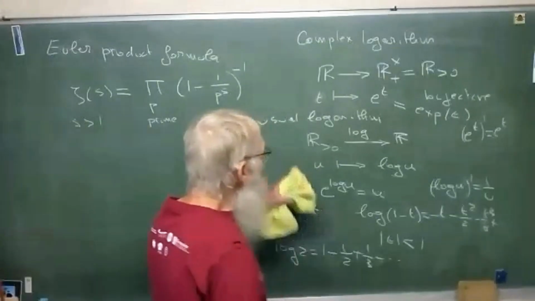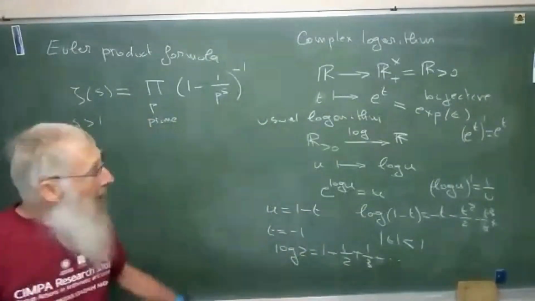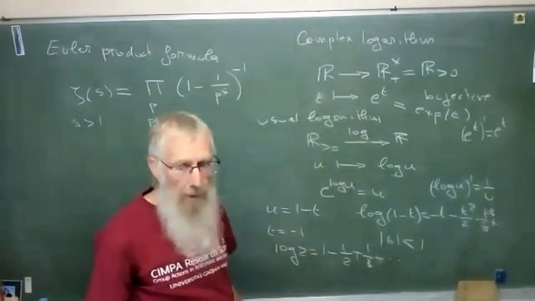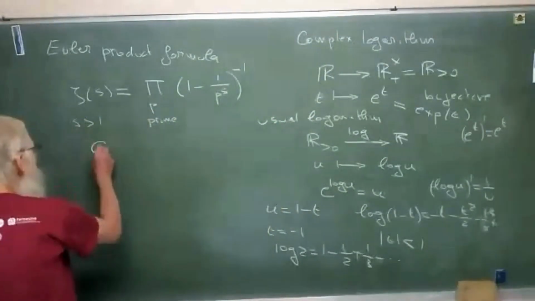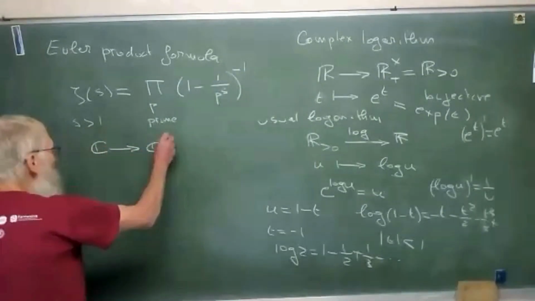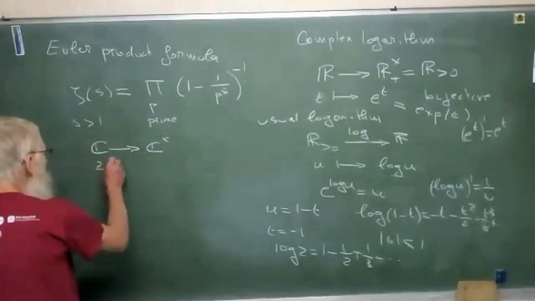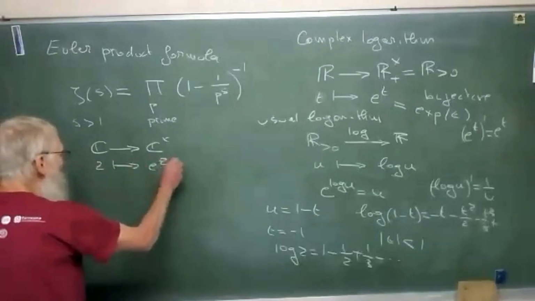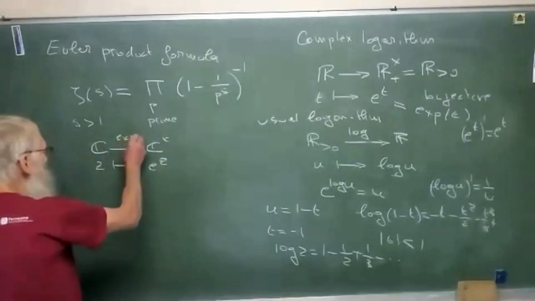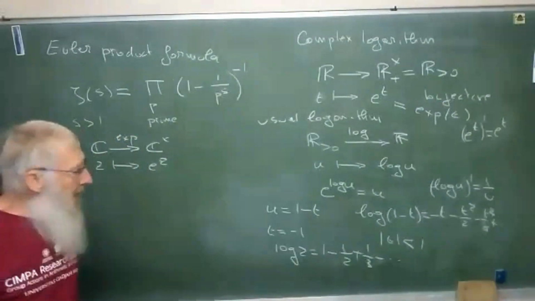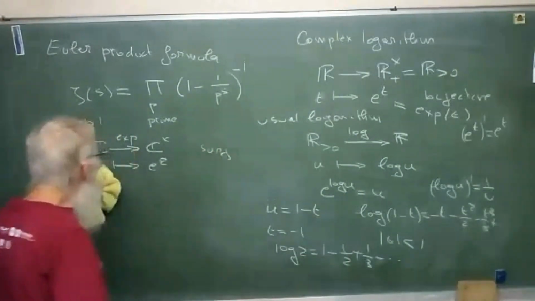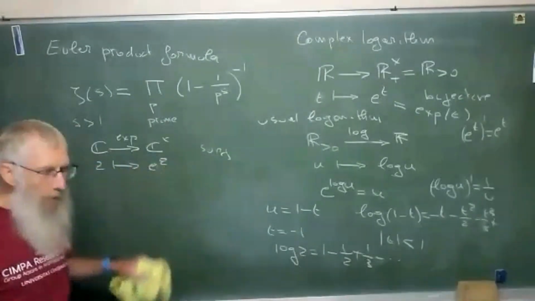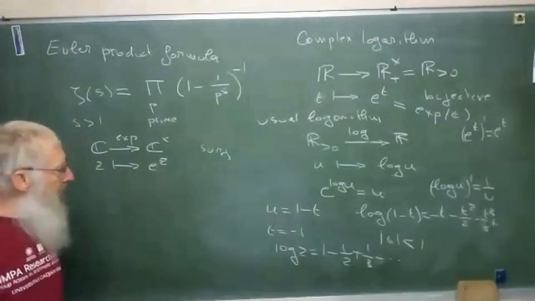Okay, so this is the real logarithm that you know well, but I want to speak on the complex logarithm. And for that, it is natural to look at the map from C to C star, which maps z to exponential of z. So this is the complex exponential function. It is surjective. It is a homomorphism from the additive group of C to the multiplicative group of C star.